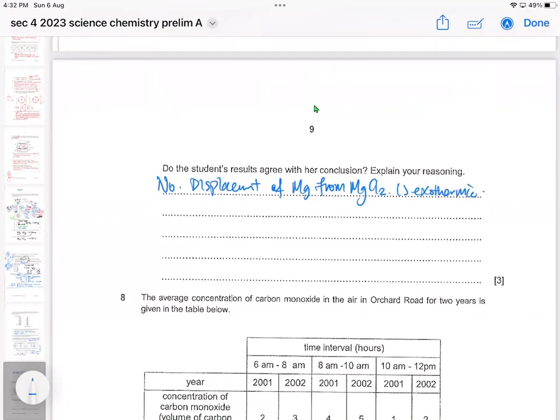So based on this, metal L does not experience an increase in temperature. So therefore, it shows that L cannot displace magnesium.